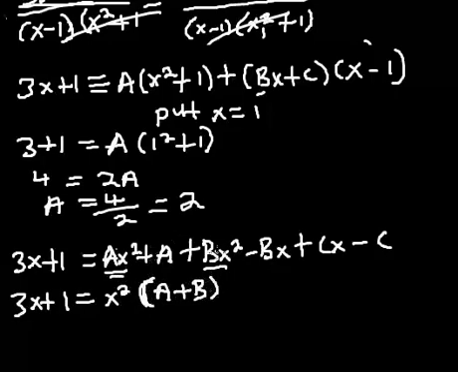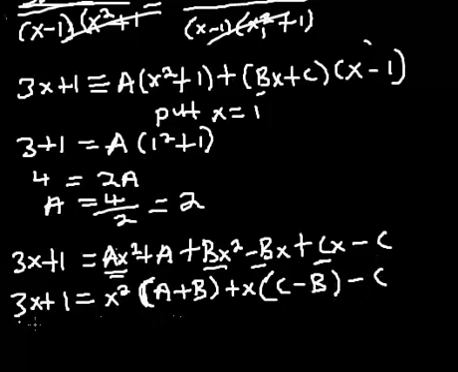I still need to do this minus bs plus cx. x is also common, so factorizing x out, I put c inside, then minus b, then the constant value minus c.